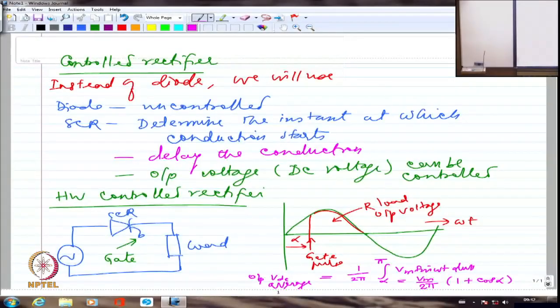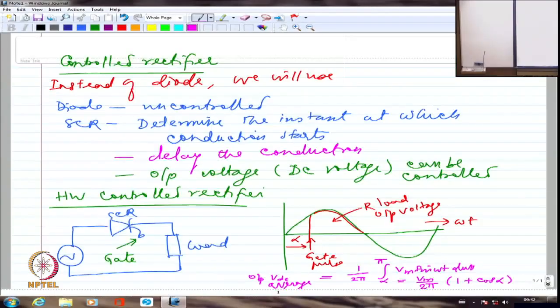Whereas if I had a diode, I would have gotten this integration from 0 to pi, because of which we got Vm by pi. Vm by pi is definitely higher than Vm by 2 pi multiplied by 1 plus cos alpha, provided alpha is greater than 0.